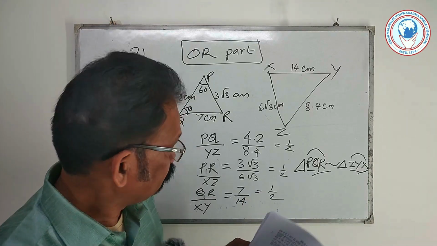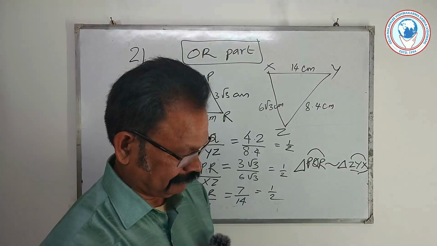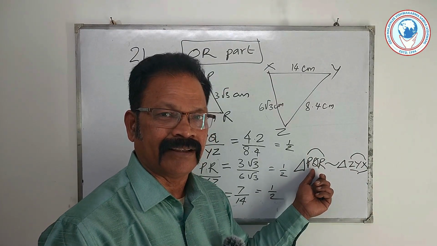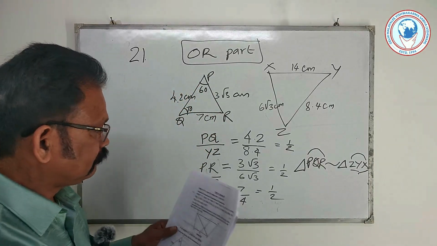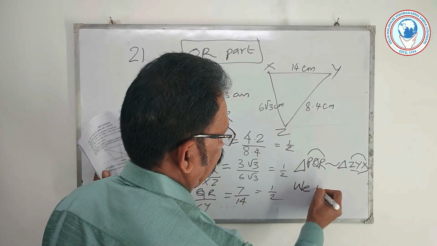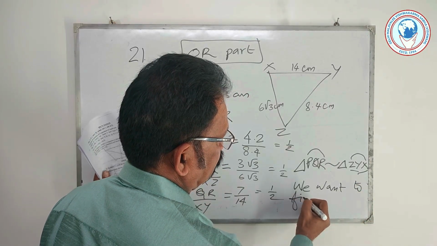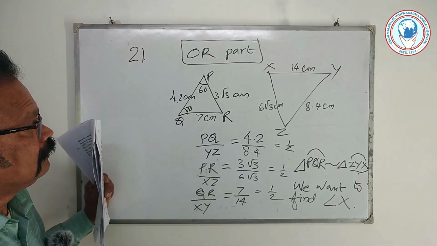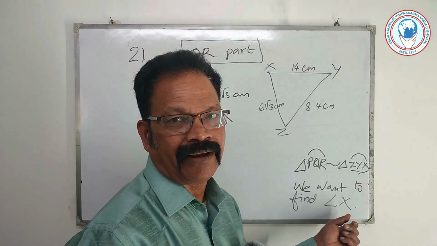Since the two triangles are similar, their corresponding angles are equal. We want to find angle x.